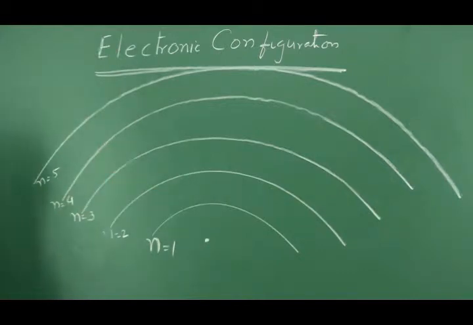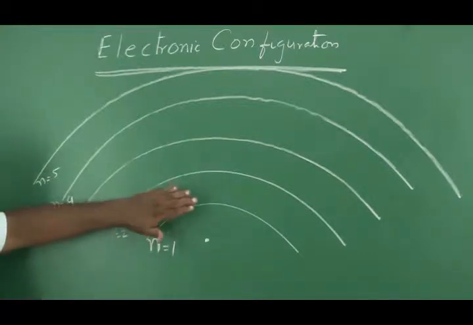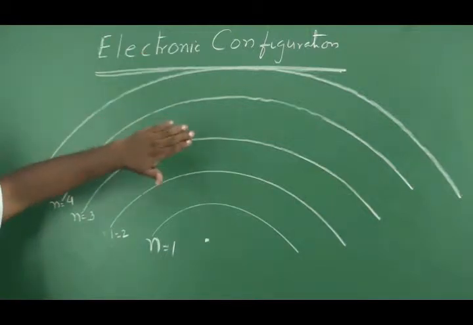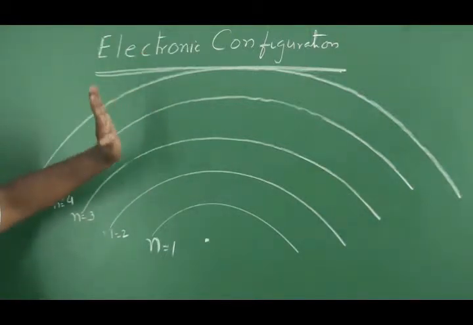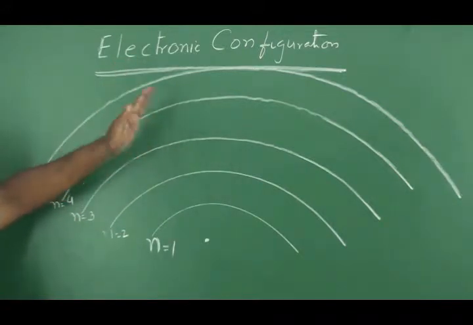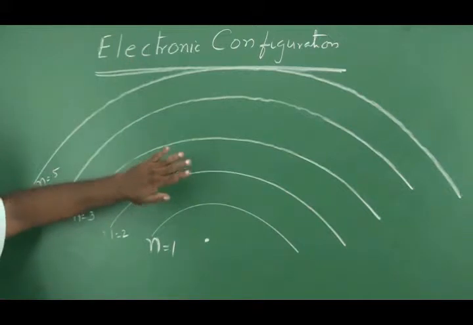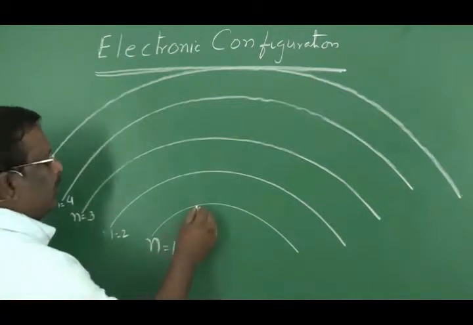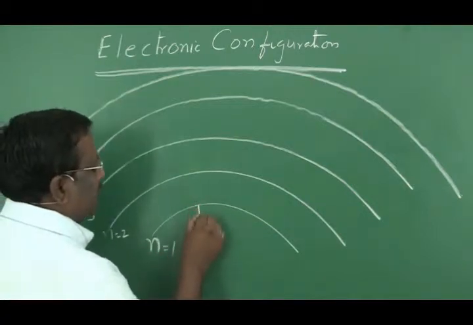Now, according to the azimuthal quantum number, or angular momentum quantum number, each main energy level will have certain sub-energy levels. The number of sub-energy levels present in each main energy level is equal to its n value. So for n is equal to 1, only one sub-energy level is there.